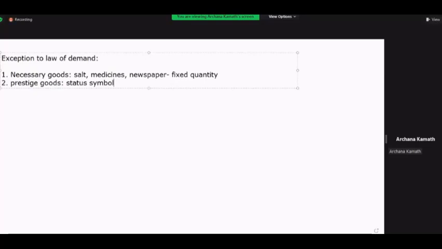Okay, gold, as I'm telling you, be particular. If gold or jewelry is considered as a status symbol, you will be buying it irrespective of the price. But any person who is looking to keep it as an investment, will they look forward to the high price, or will they purchase it when the price is low? Low price. So definitely they'll behave as for a normal commodity.